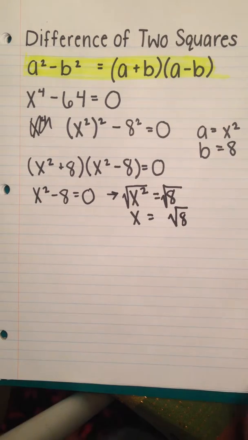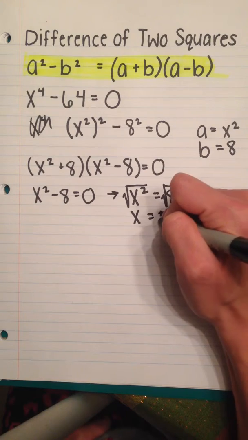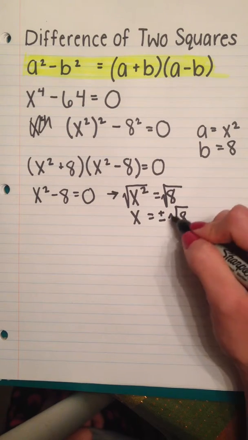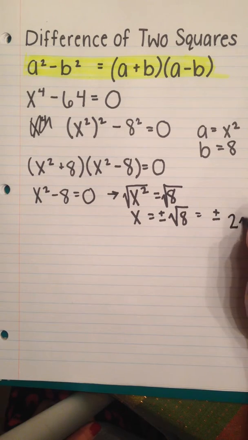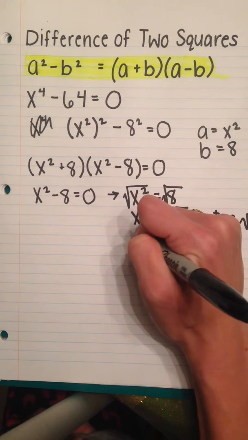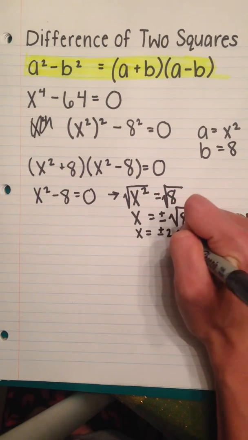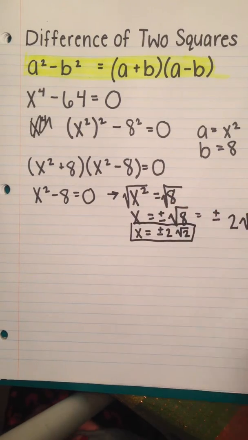And remember that whenever we take the square root of something, we cannot forget to add the plus and the minus. And if you wish, using our laws of radicals, we can rewrite the square root of 8 as 2 square root of 2. So we have x equals plus or minus 2 square root of 2 as two of our solutions.